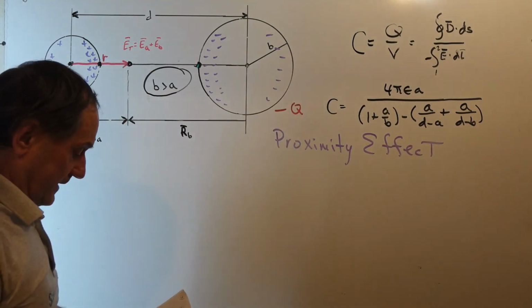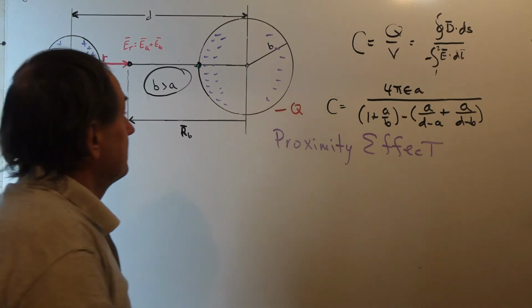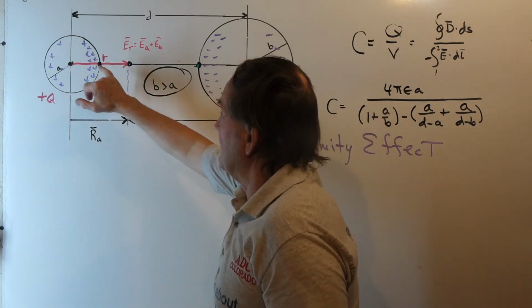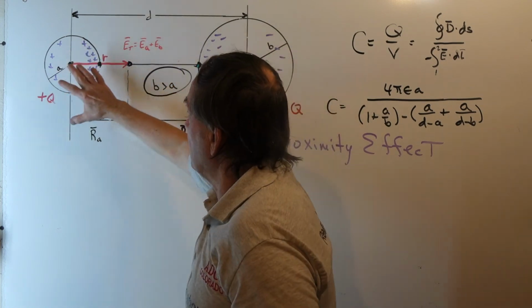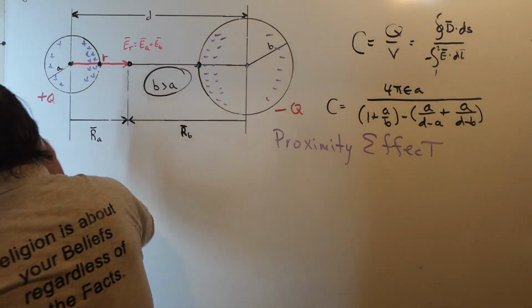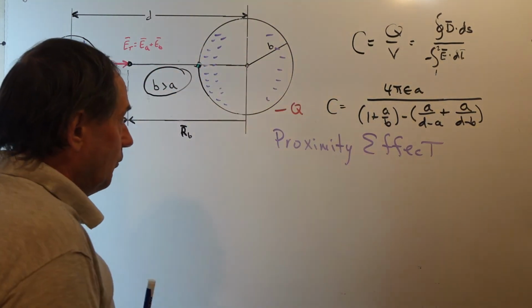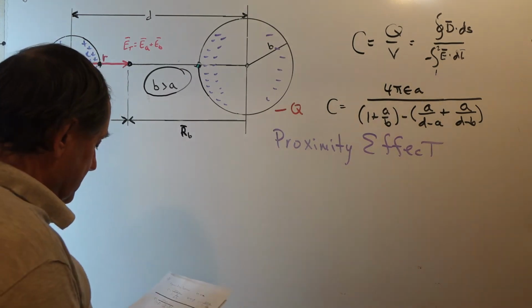Now, what does this do? Well, this complicates the expression for getting the electric field, because we can no longer assume that the charge is uniformly distributed. How much does that change the field? There's no easy way to determine that.